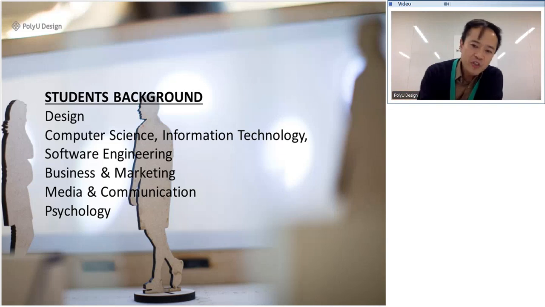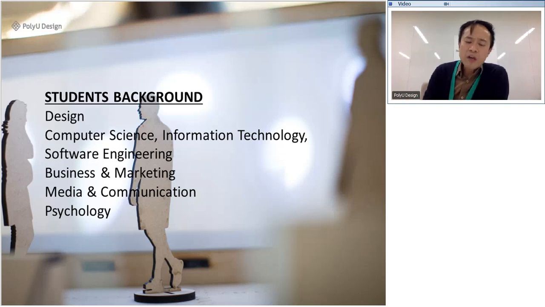Some of them actually have a non-design background. Say, for example, computer science, information technology, software engineering, but some others are even not technology and design. They have backgrounds in business or marketing or communication studies or even psychology.